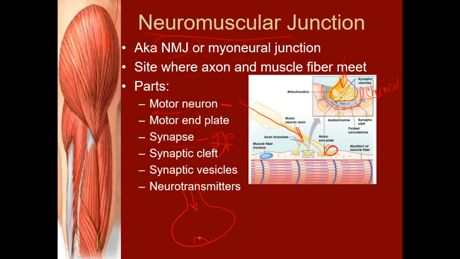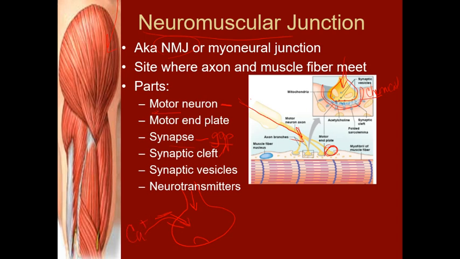So now I have to convert it to chemical. So what's going to happen is you've got these gated channels, these little proteins that are normally closed. They're going to respond to this electrical signal and they're going to open up. So a little gate opens up right here. And when that happens, calcium flows in.